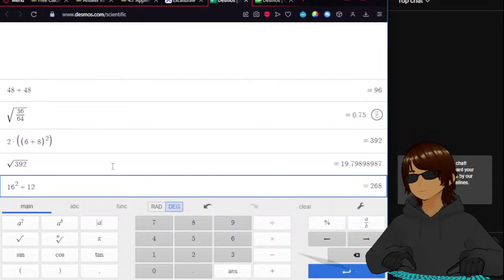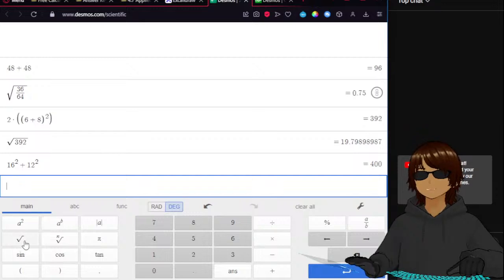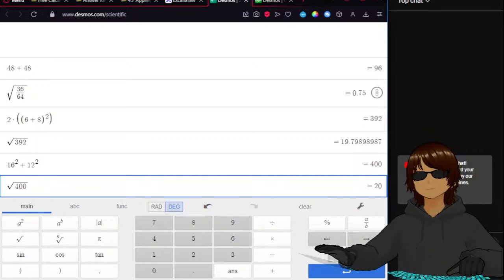Plus 6 plus 6 is 12 square, 400. Square root 400. That's not the answer though.